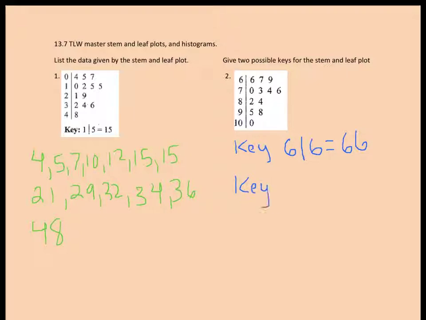Another key, though, is we could also say this equals 6.6. So that means those are decimals, okay? Alright, so let's move on from here.